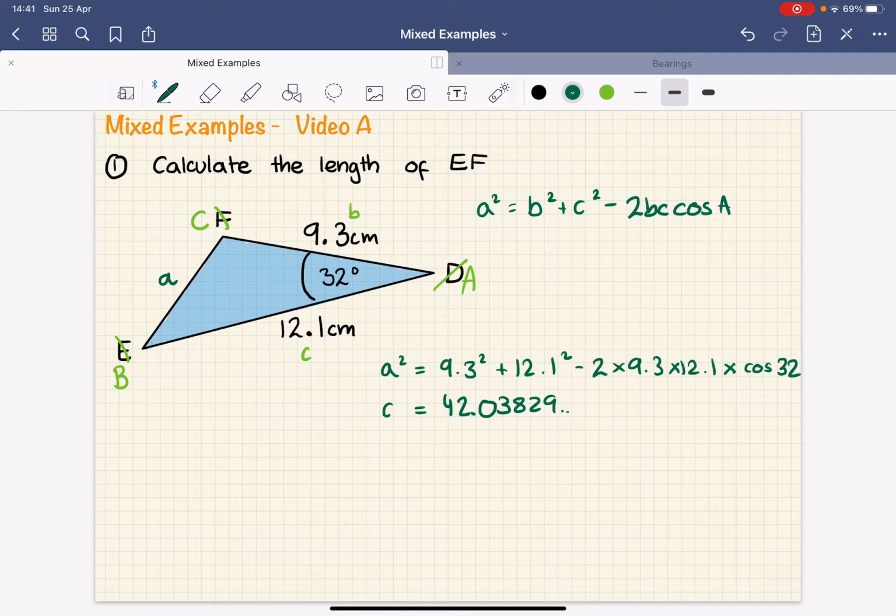So that's my A squared, but I need to find out what A is. So remember, you must square root it to get A. So I'm doing square root and I'm just pressing that answer button on my calculator so I don't have to write all of that out again. And that gives me 6.48369 and so forth. And if I was to round it to two decimal places, that would be 6.48 centimetres.